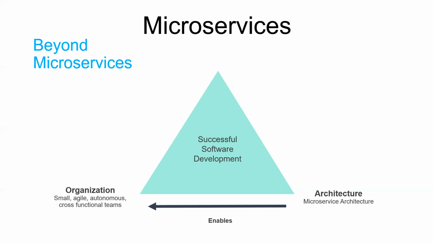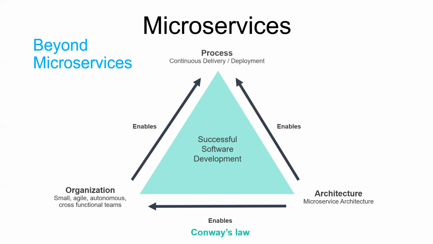This way, organizations will design systems that mirror their own communication structures, as Conway's law states. Now, both the microservice architecture and its adequate organization will enable more fluid processes that take advantage of the continuous delivery benefits. The final result is software created and delivered rapidly, frequently, and reliably.